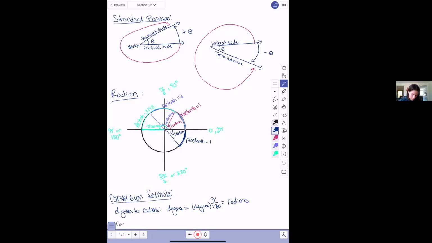To go from radians to degrees, degrees is equal to that radian measure times 180 divided by pi. Okay, any question there?